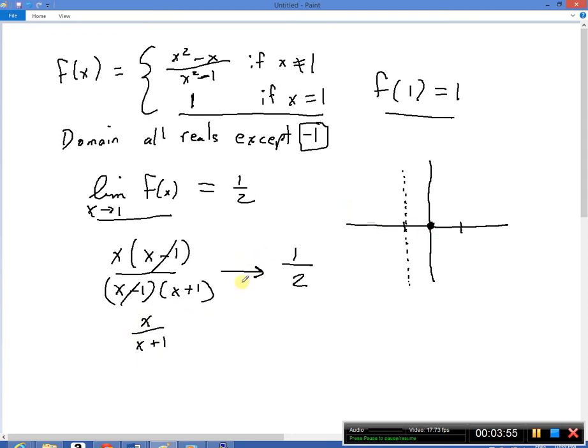And the limit as x approaches 1 is 1/2. So there's a hole right here at 1/2. But the y value of the function, for no apparent reason, is 1 at x equal to 1. So that much I know.